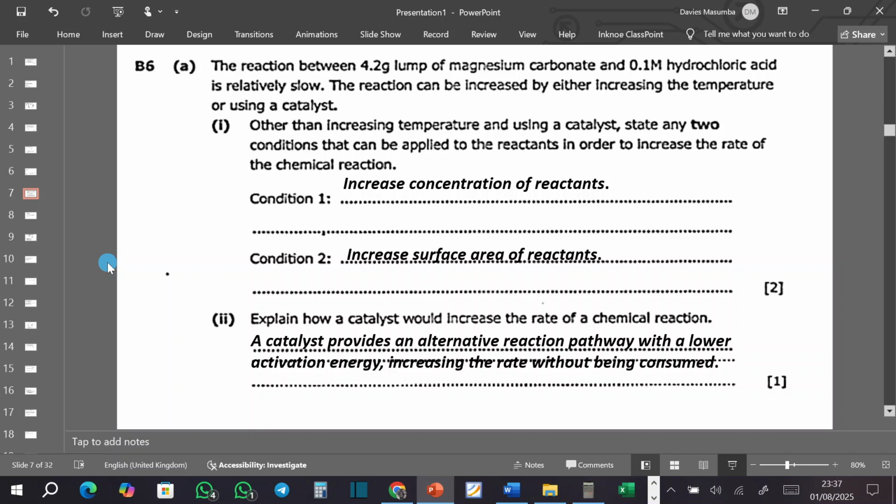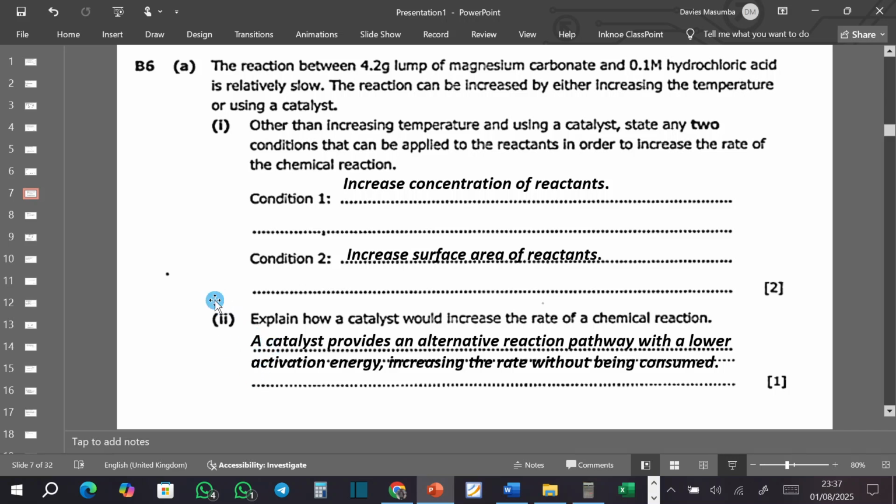But if you want to make the car not use a lot of energy to go to the other side of the mountain, then you dig a road through the mountain so that the vehicle passes through without using a lot of energy. So that's what a catalyst does.